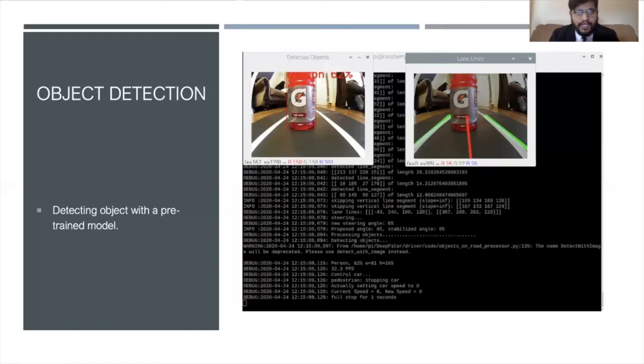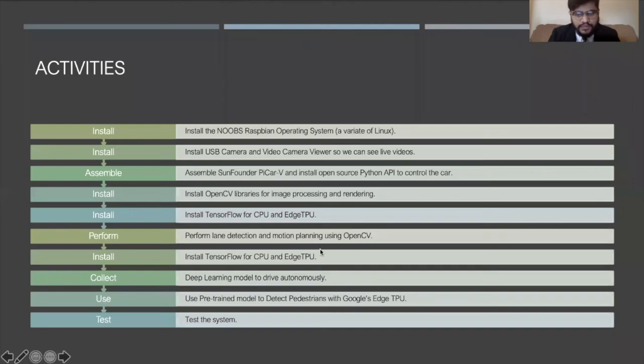Here I have represented a pedestrian with a bottle, for demonstration purposes only. You can place a real human being or a figure of a human being, and it will detect a person. Once it detects the person, the car stops.